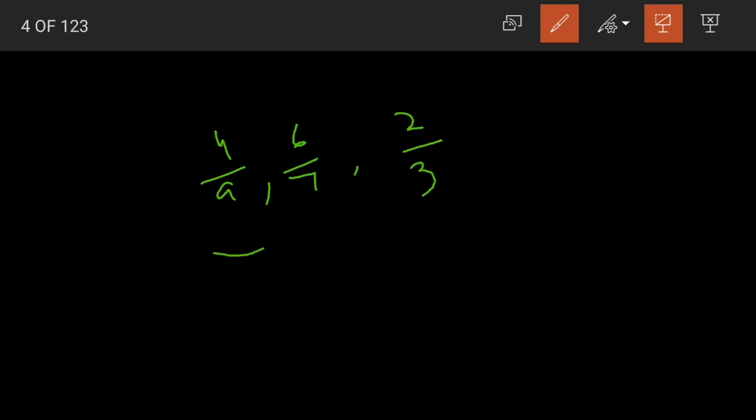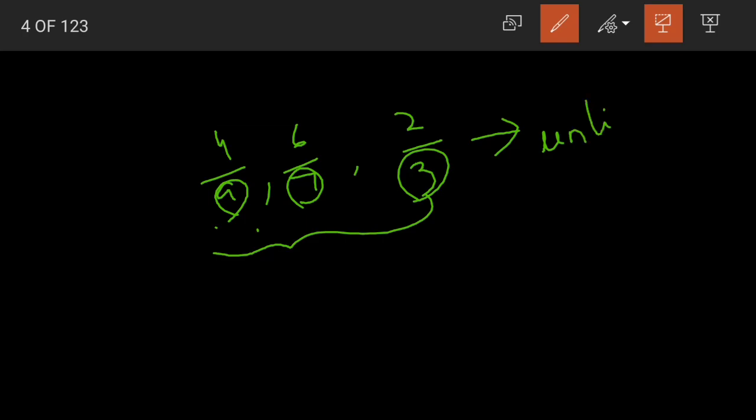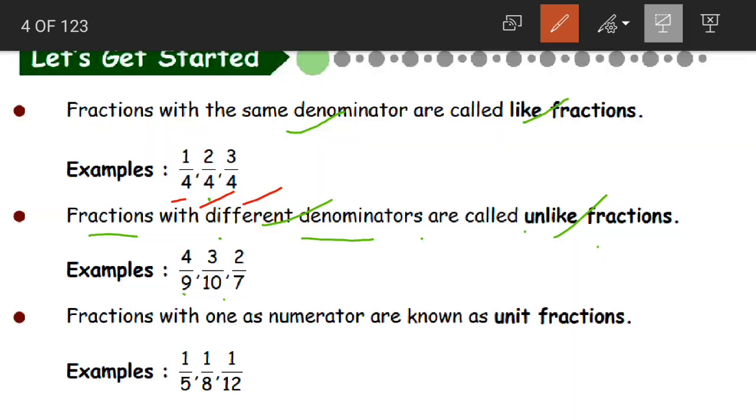Yes, if we take these 3 fractions, are the denominators same, children? No, the denominators are not the same. Here we are having 9, 7 and 3. So as they all are having different denominators, they will be called as our unlike fractions.